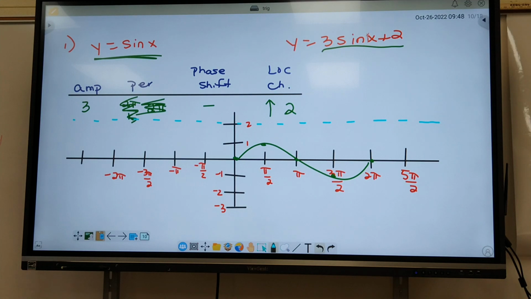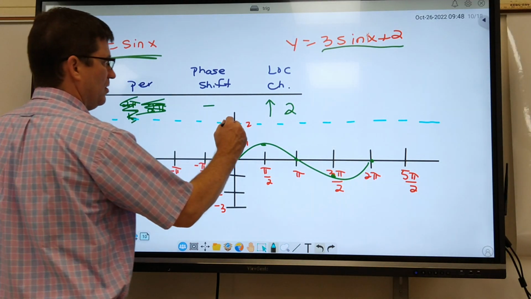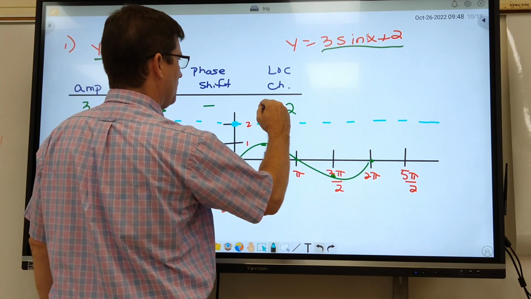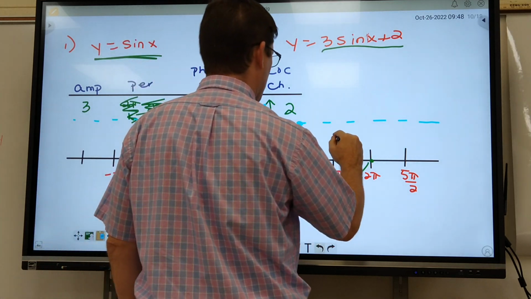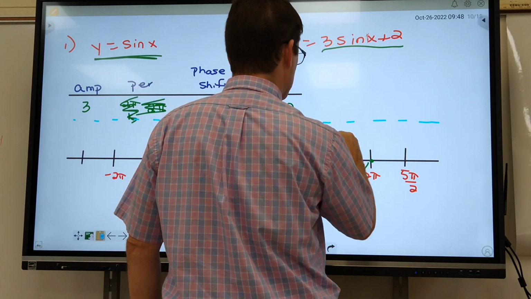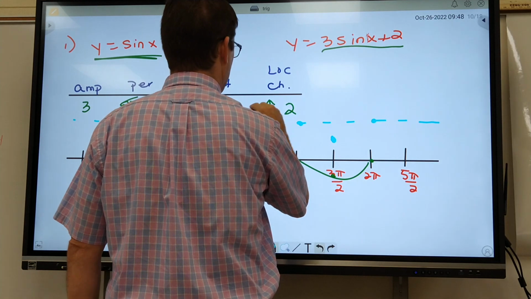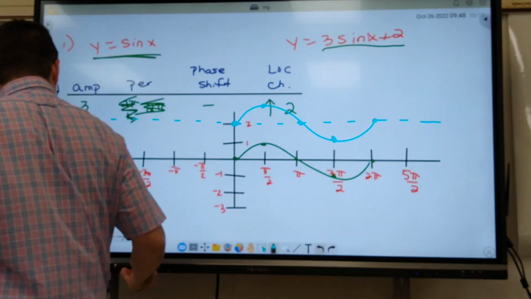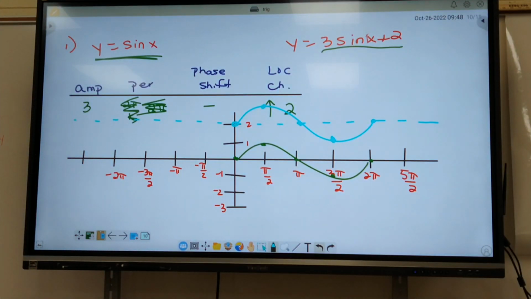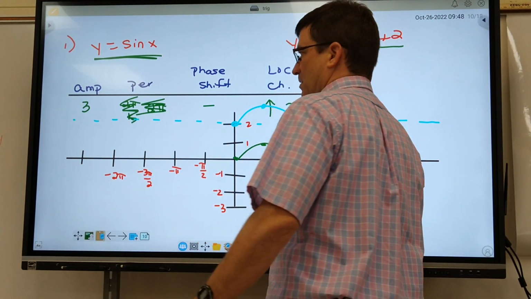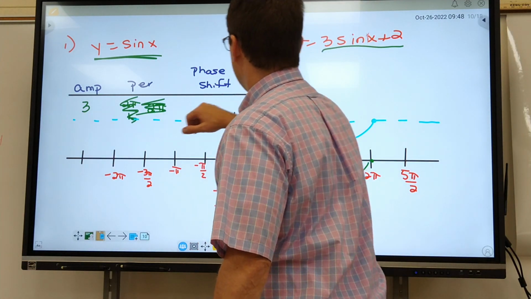All right, now move every point up 2. We move this point, this point, this point, and this point. There we go. First thing I did, you got to put a dotted line up 2.